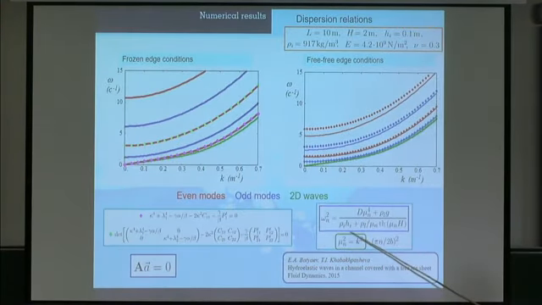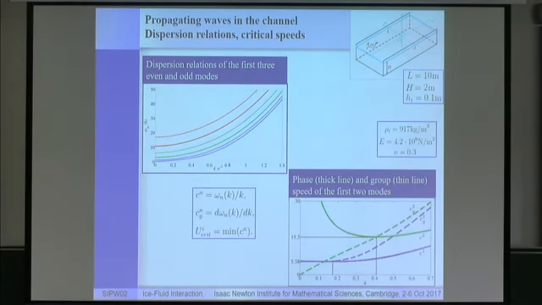That if we take mu instead of k, we obtain the same curve, which is for the 2D wave. And by the way, at least in our numerical conditions, the 2D wave and the first mode for the wave with the free conditions are the same. And now I turn to the phase and group velocity.